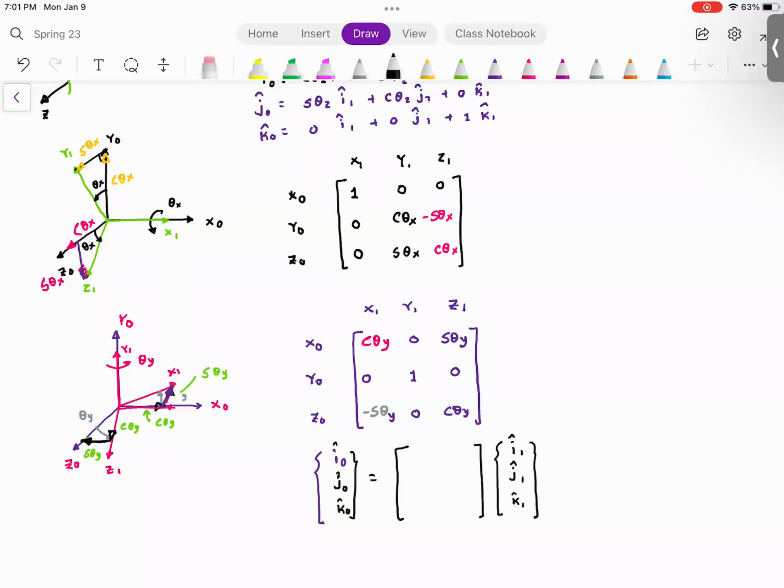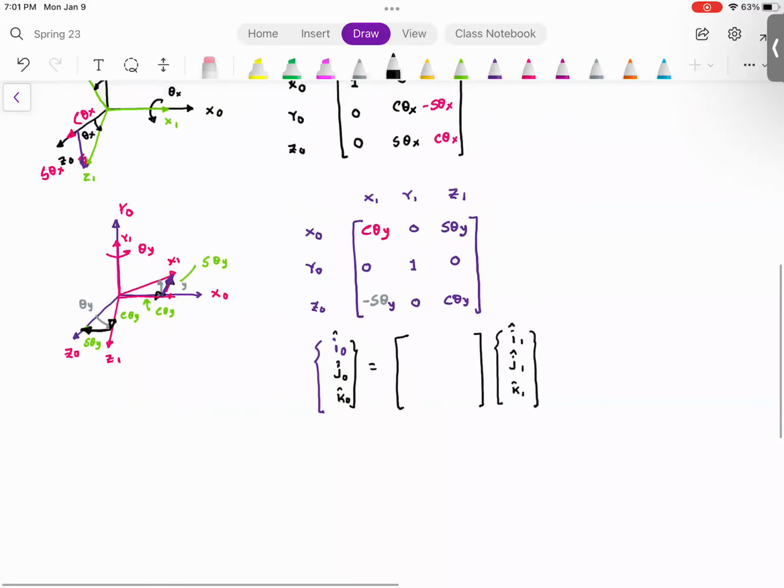And I don't know if you remember matrix multiplication. First row, first column. So the first row gives me i naught. Multiply that with the columns, that is going to give me cosine theta y i1 plus 0 j1 plus sine theta y k1.